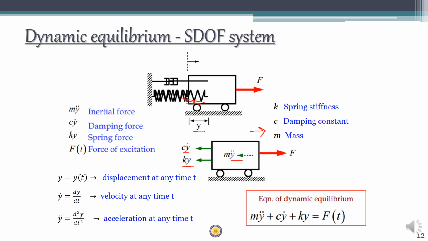Mass into acceleration is an inertial force. Now we have this system in dynamic equilibrium, wherein we have four forces: F, m y double dot, k y, and c y dot. Summing up all the horizontal forces, we have m y double dot plus c y dot plus k y equal to F of t. This particular equation is called the equation of dynamic equilibrium.